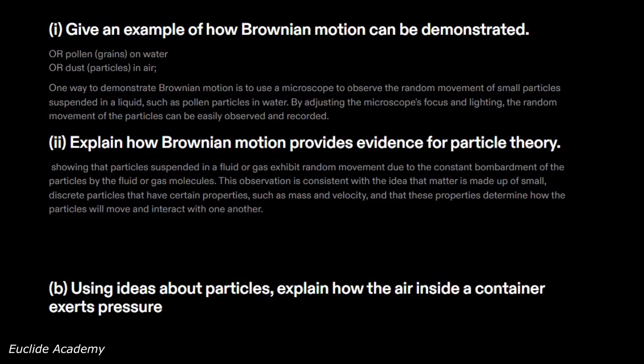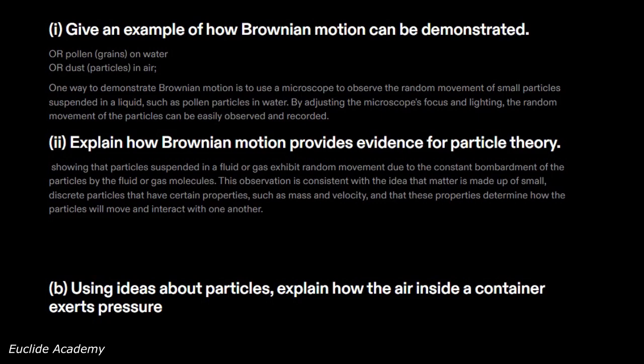This is consistent with the idea that matter is made up of small particles which have properties, mass and velocity, and these properties determine how the particles will move and interact with each other. So we can focus on 3 points to explain this.